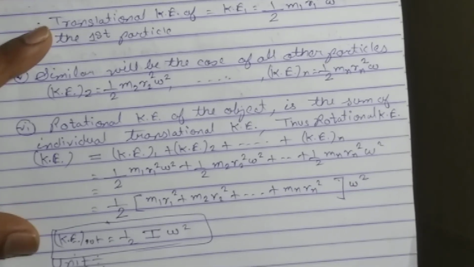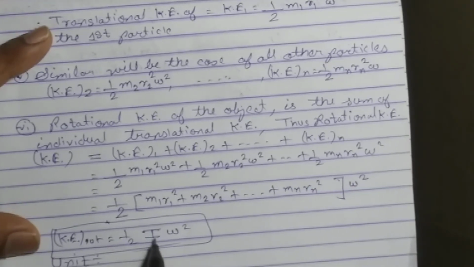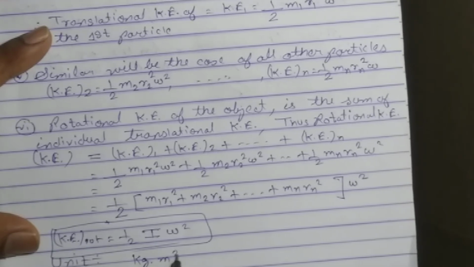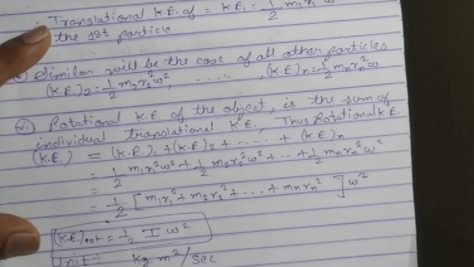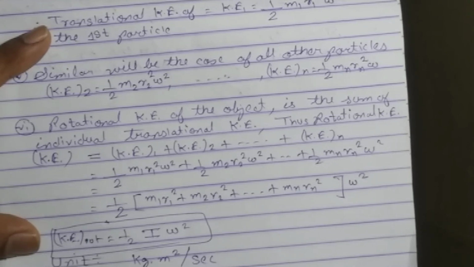Students, now you have to write down the unit. What is the unit of I? As I told you, kg meter square. And what is the unit of omega? Radian per second. So I am not going to write radian, so kg meter square per second. Okay, and if I want the dimension, I will write LMT in alphabetical order. How many length terms are there?